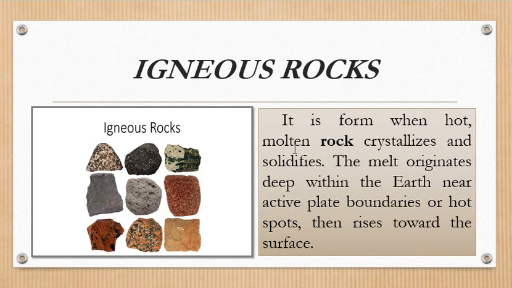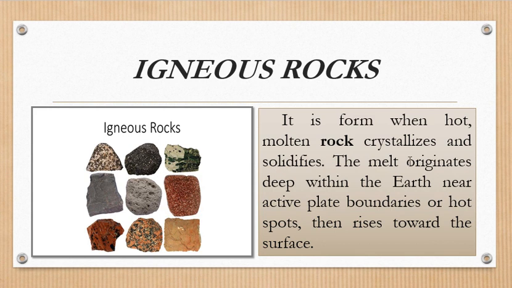And then lava: as the magma rises and the volcano explodes, the fluid that comes out and touches the surface of the earth is considered lava. If the magma or lava crystallizes and solidifies, meaning it hardens and becomes a rock, that is what we call igneous rock.